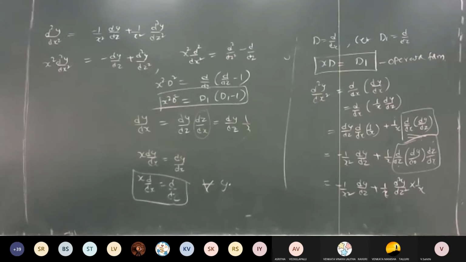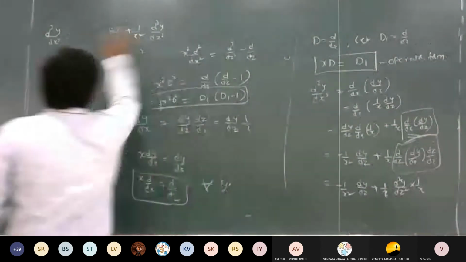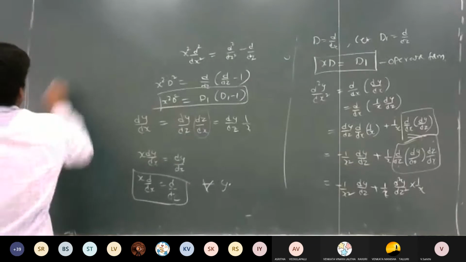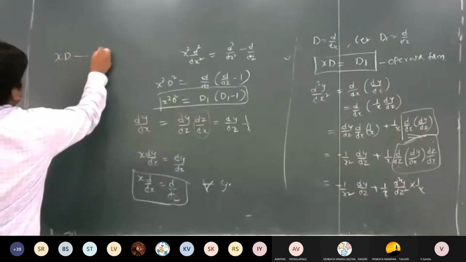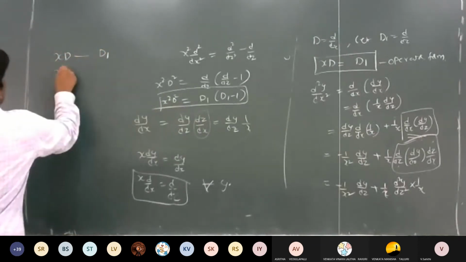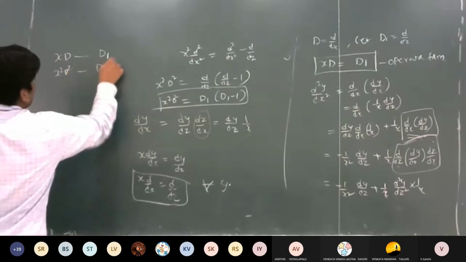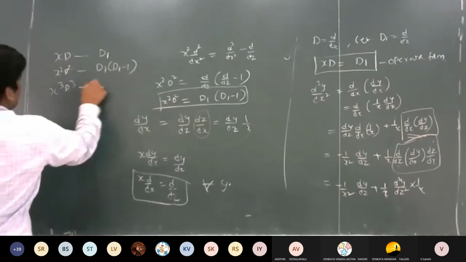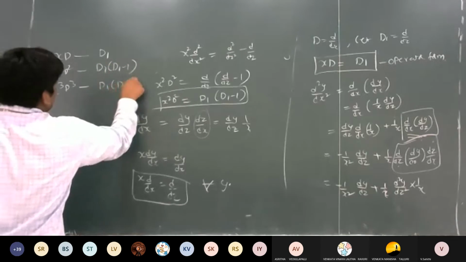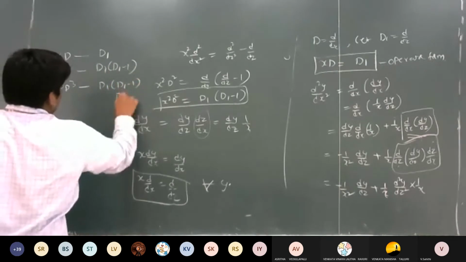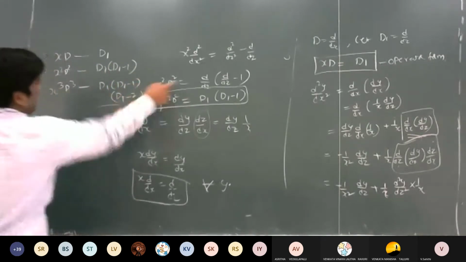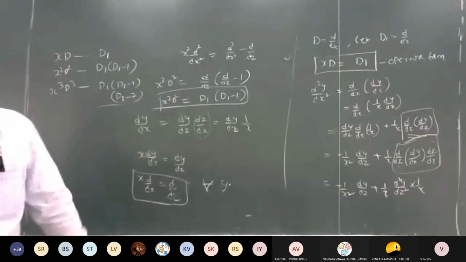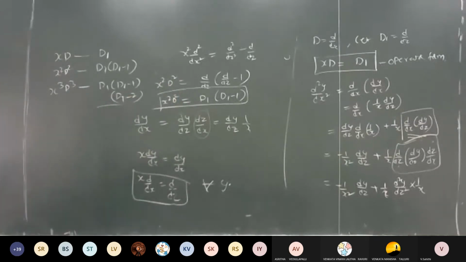The summary is that we are just replacing x D by D1, x square D square by D1 into D1 minus 1, and x cube D cube by D1 into D1 minus 1 into D1 minus 2. We already discussed the proof. It is a very important thing.